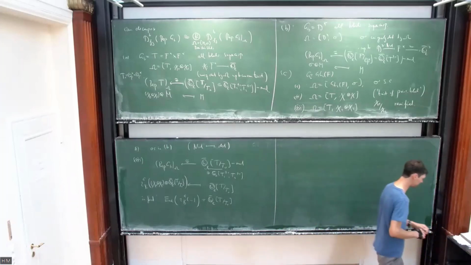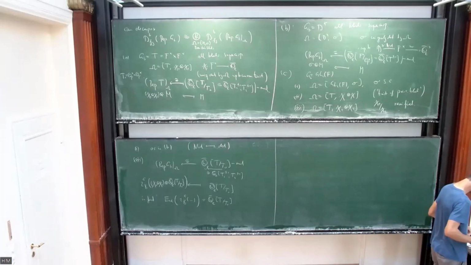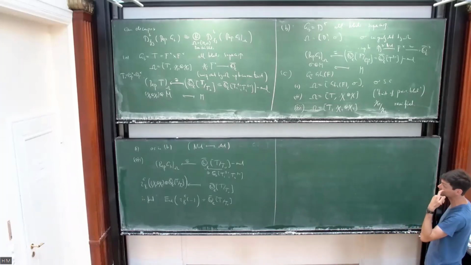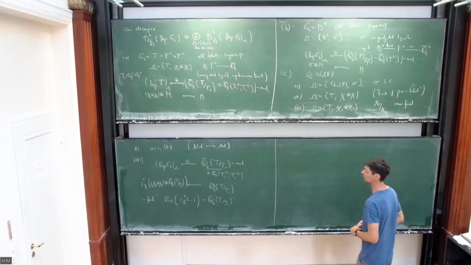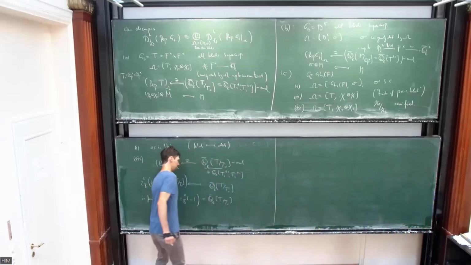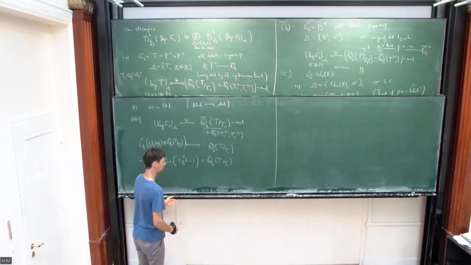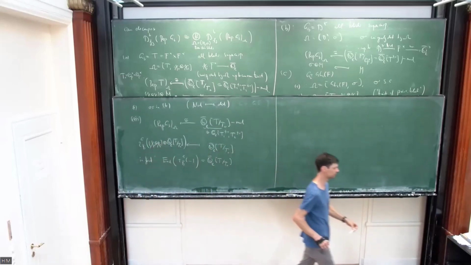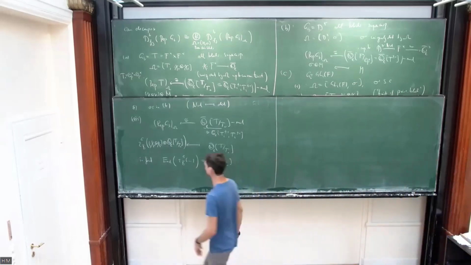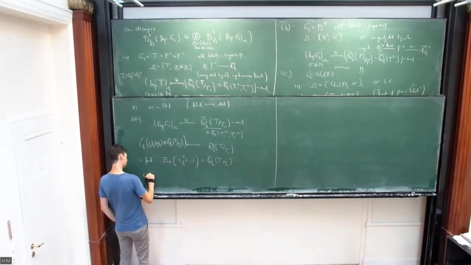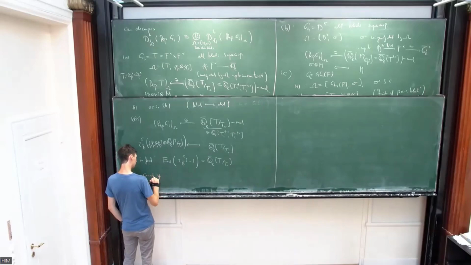Okay, I wanted to also tell you what the restriction to the Bernstein block of this Whittaker representation is. Let me do it in color for once.